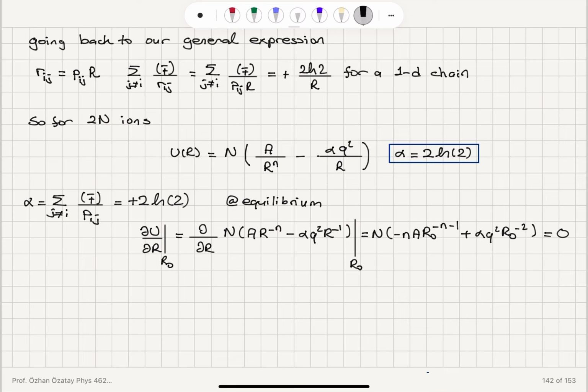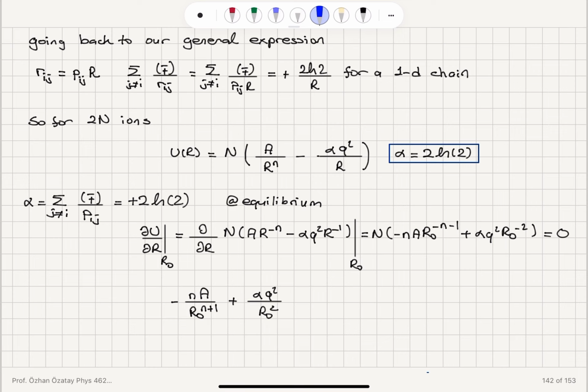Okay, so if I rewrite this parenthesis, set it equal to 0, I find that I have minus n capital A divided by R0 to the power n plus 1. And then I have plus alpha q squared divided by R0 squared.